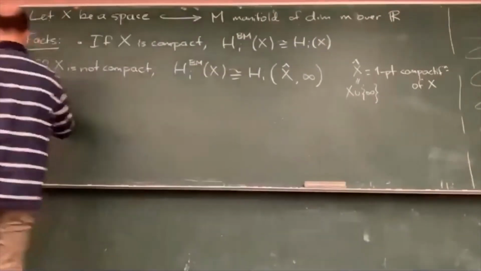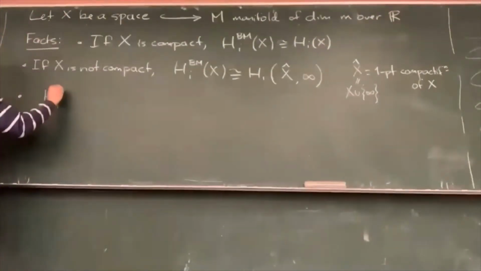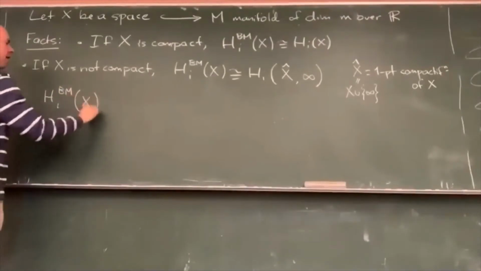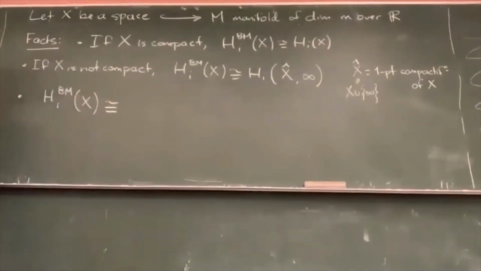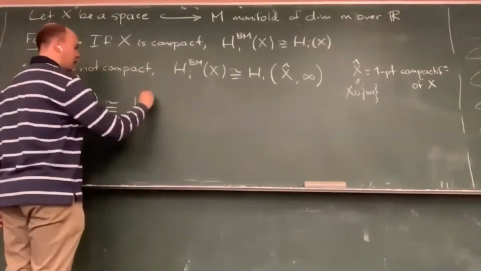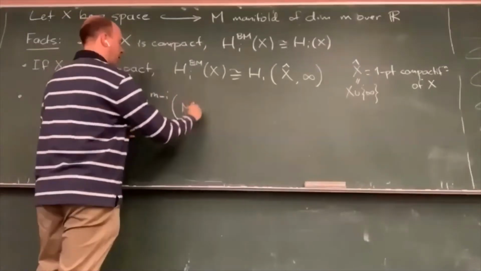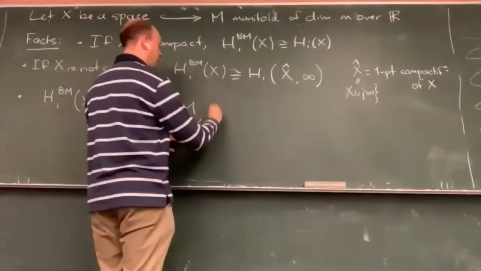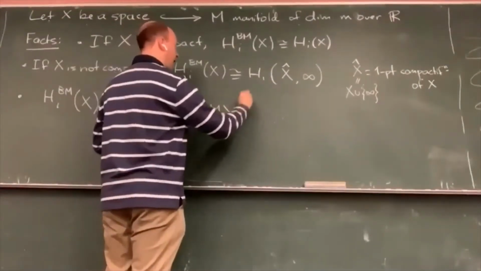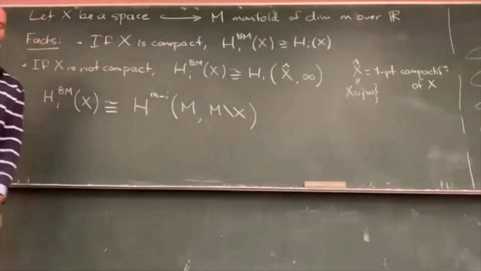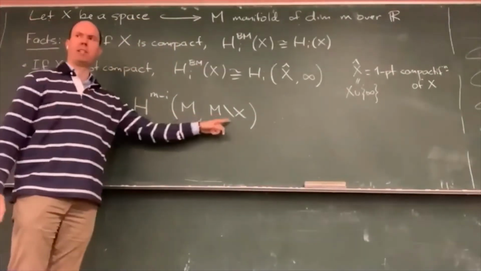Then this Borel-Moore homology is canonically isomorphic to the (m minus i)th relative cohomology group of the pair M and the complement of X in M.